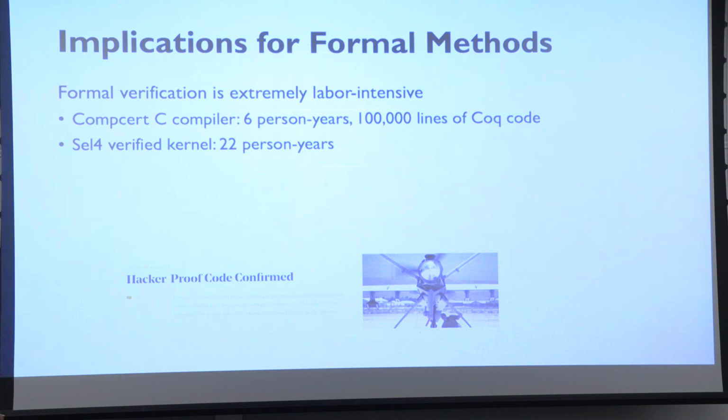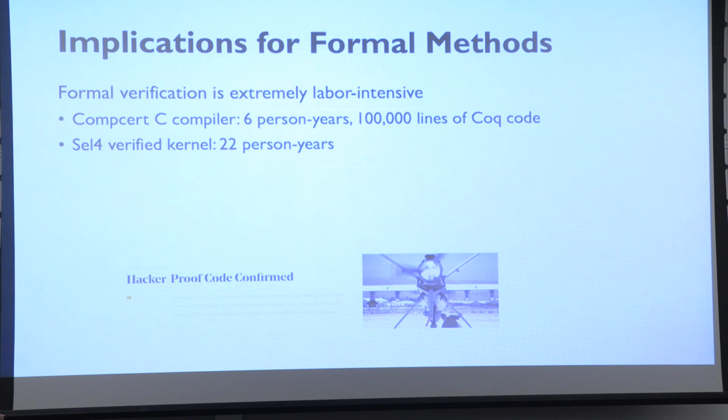And formal verification at this point, if you're trying to do this for entire systems, so for example, if you're trying to build a verified compiler or a verified Linux kernel, this is an extremely labor-intensive process. So for example, the CompCert C compiler, this is one of the early major efforts in formal verification. This took 6 person-years and 100,000 lines of Coq code.